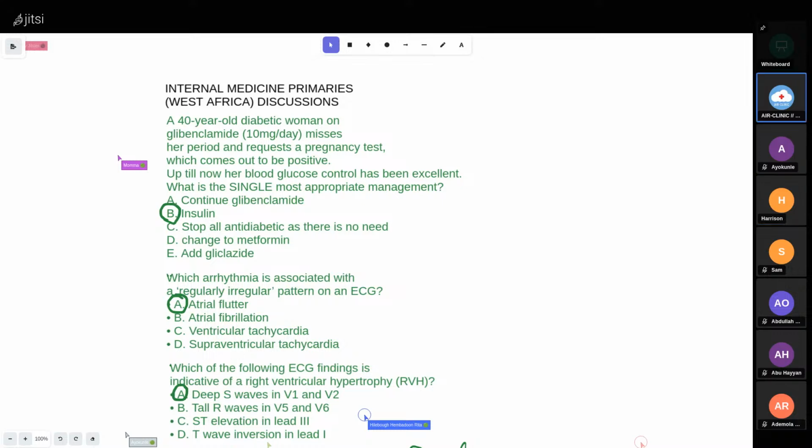A segment is like from the end of this one to the beginning of this one. So that's the ST segment.